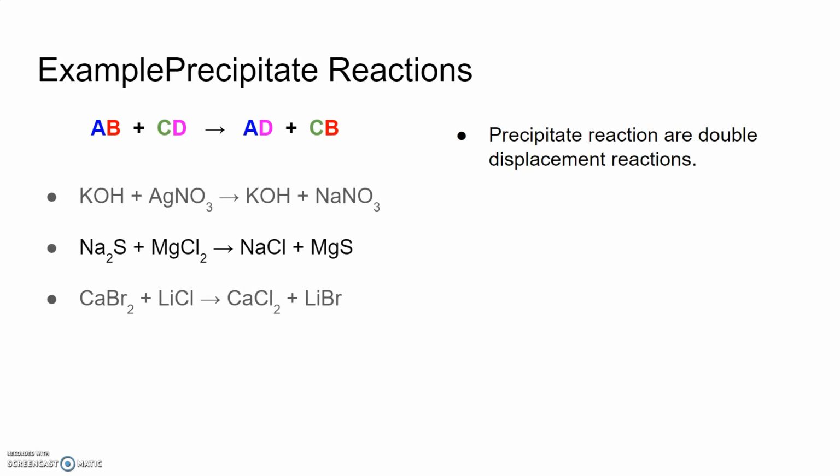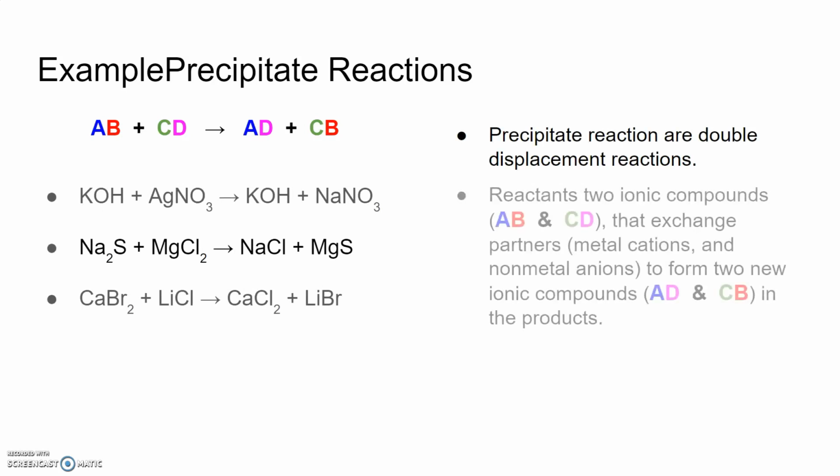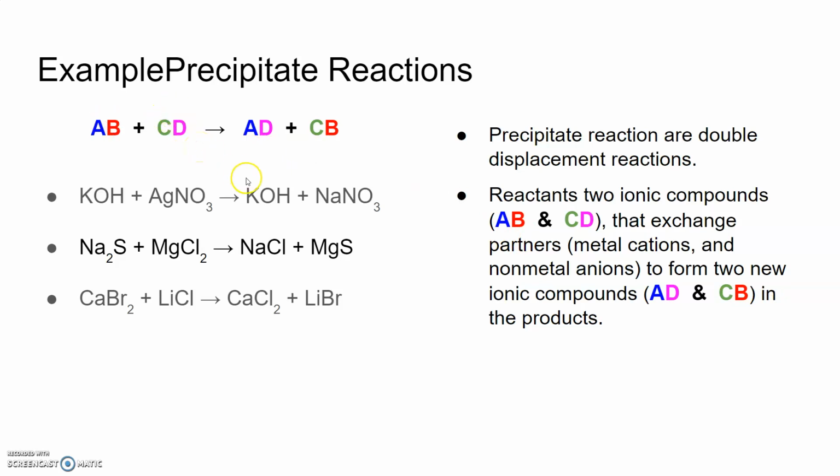Now, in precipitate reactions, which are a type of double displacement reaction, you start off with two reactants that are ionic compounds, so two salts, and they're dissolved in water, and they're going to exchange partners, and the partners are the metal cations and the non-metal anions, to form two new ionic compounds in the products. So if we look at our first example here, which is the reaction of potassium hydroxide and silver nitrate, the potassium and the hydroxide are a partner pair.